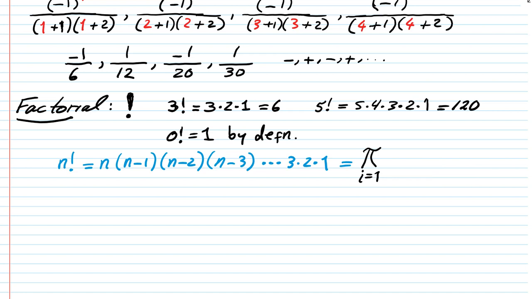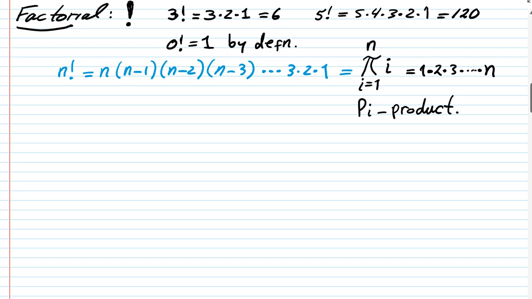So this is the pi product from 1 to n of i. So here's how the pi product works. It starts with 1, then times, next time i is 2, times, next time 3, times, all the way up to n. So that is what we call a pi product. And there you have it.